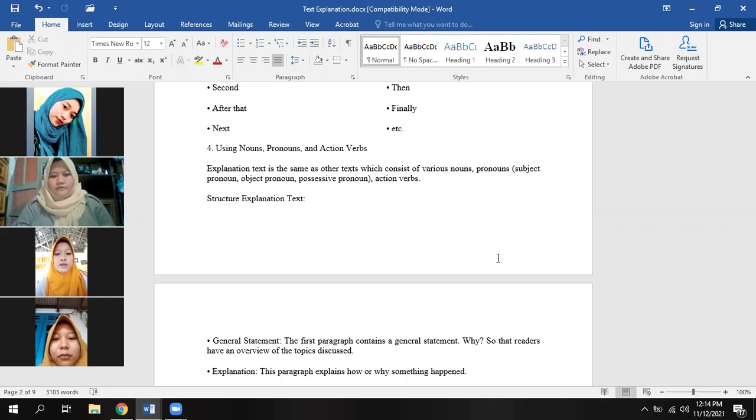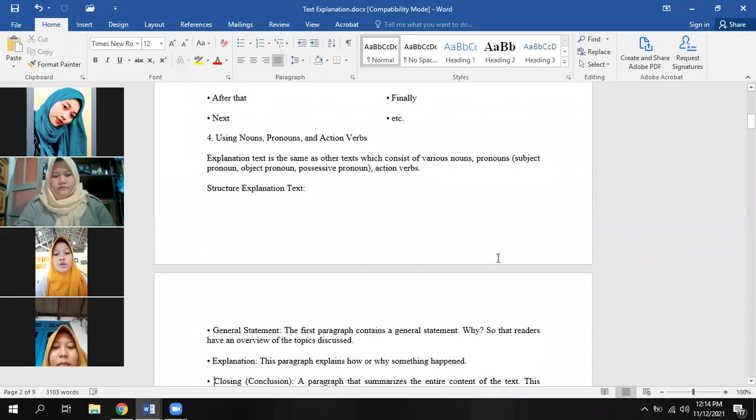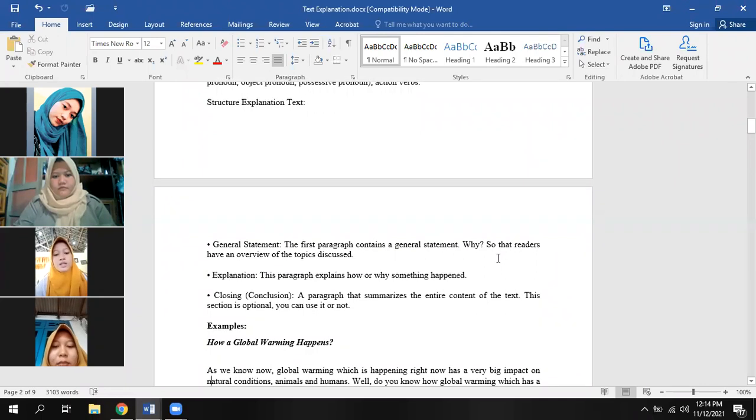Structure of explanation text. General statement. The first paragraph contains a general statement. Why? So that readers have an overview of the topic discussed. Explanation. This paragraph explains how or why something happened.